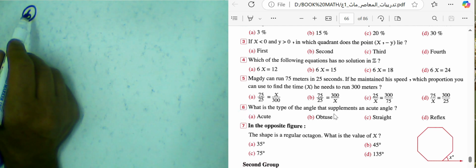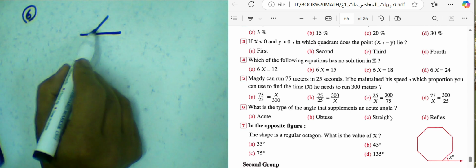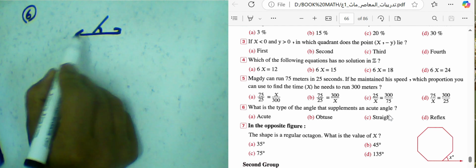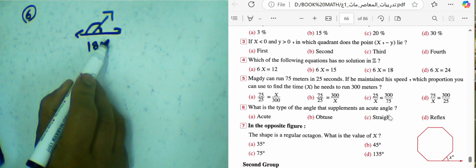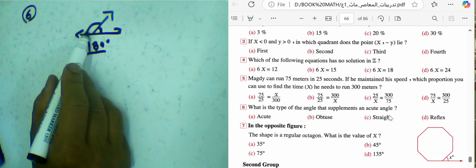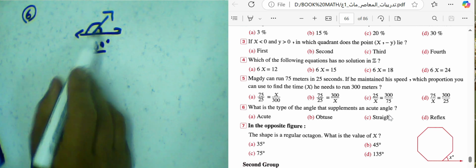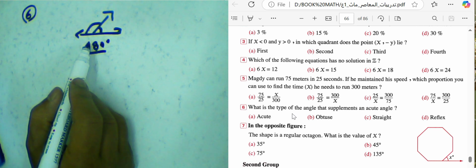Next question number 6. Which type of angle supplements an acute angle? Look here, we have an acute angle and an obtuse angle. The sum of them equals 180 degrees. So the obtuse angle will be the supplement of the acute angle. What is the type of the angle that supplements an acute?